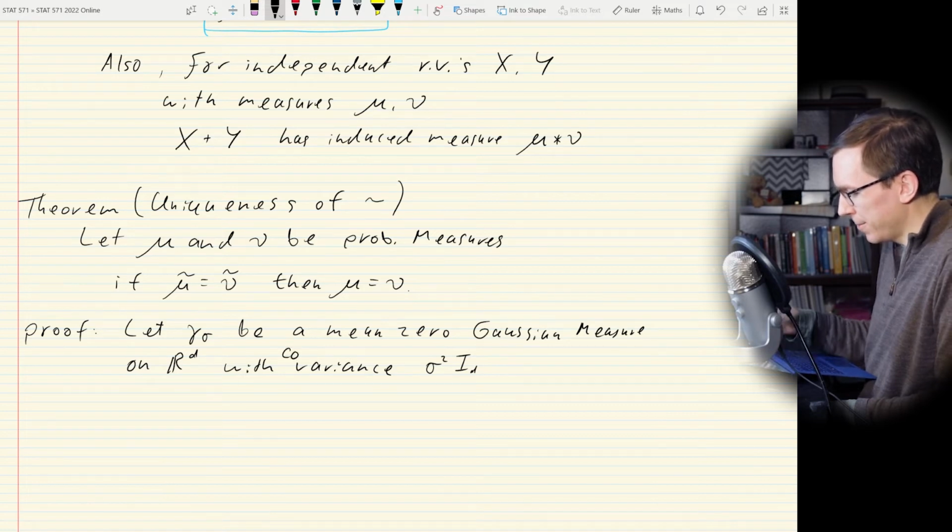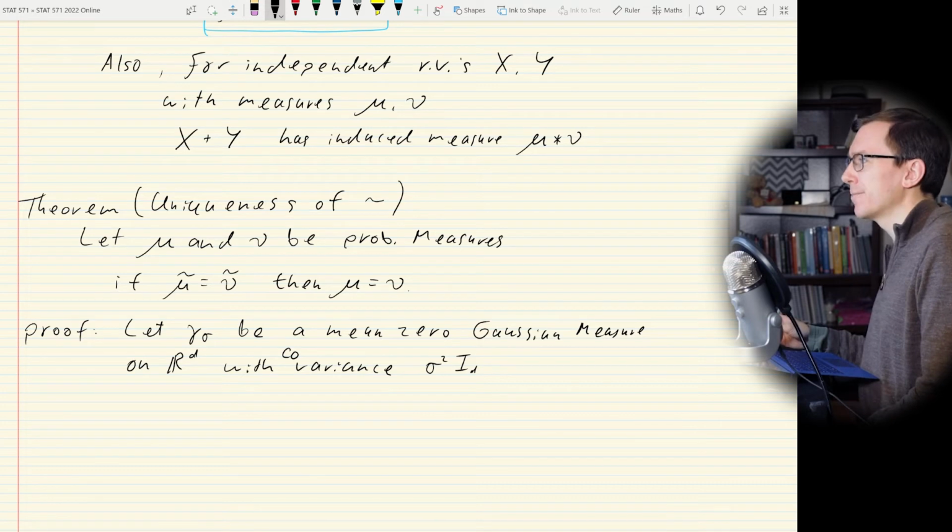Maybe I'll write covariance matrix, like that.